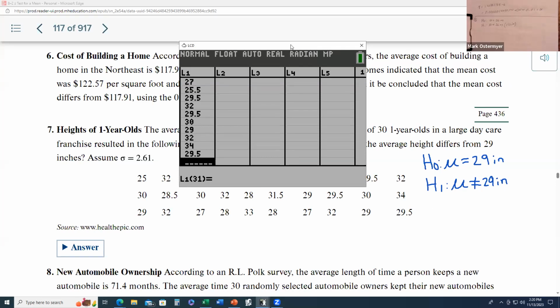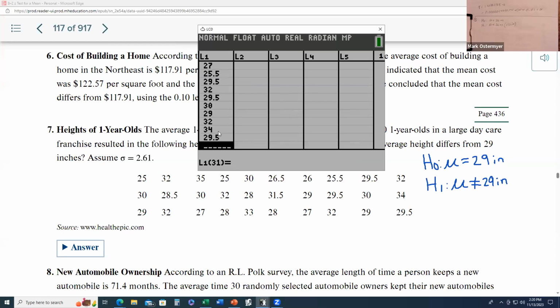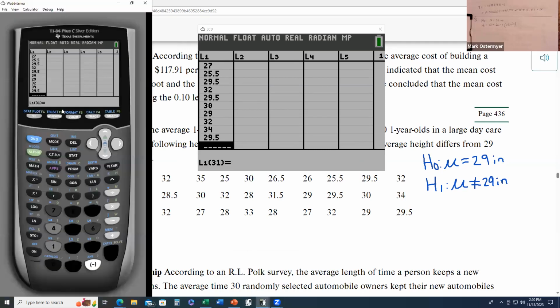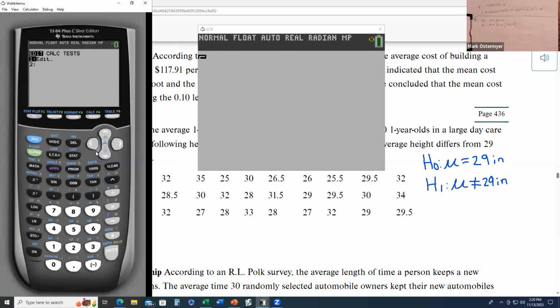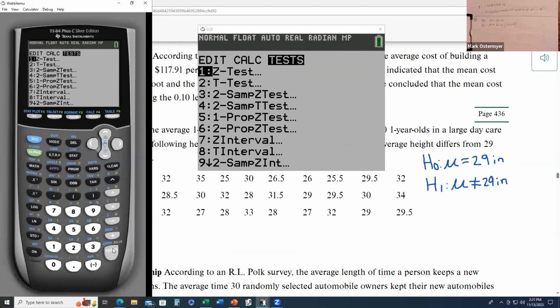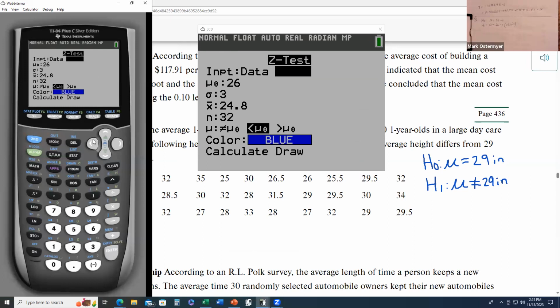And the standard deviation is 2.61. We might not even have to find the mean of the sample. We should be able to just conduct the test by using data instead of stats. So get out of this, go to stat, test, z-test, and just select data.